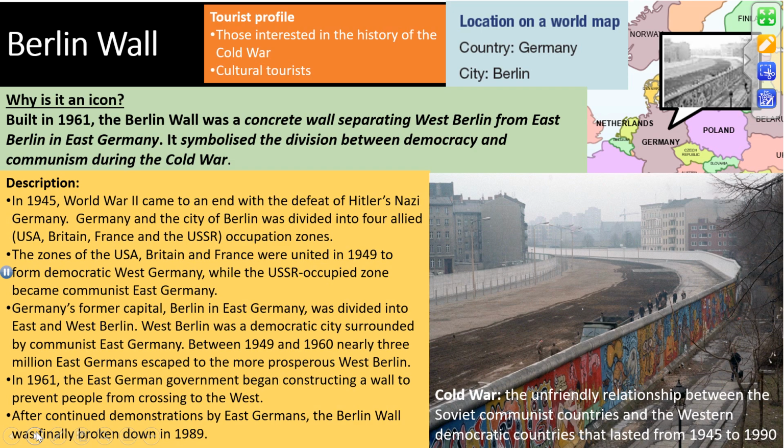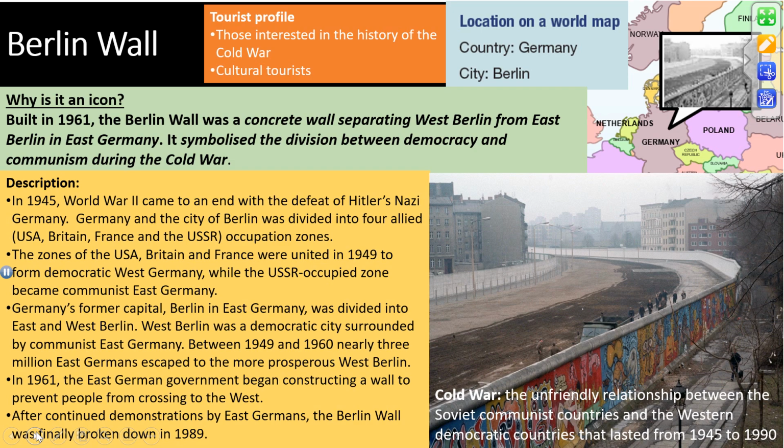Now, if we take a look at the description of the Berlin Wall, you will see that there's also a little bit of history there. And that refers to the Second World War, which ended in 1945. And we all know that Nazi Germany was defeated.